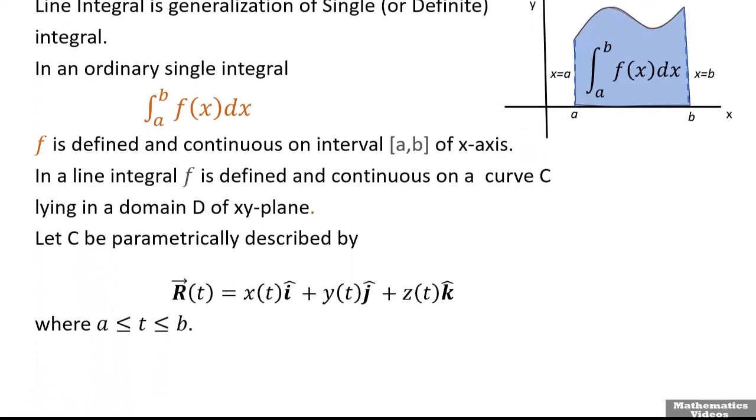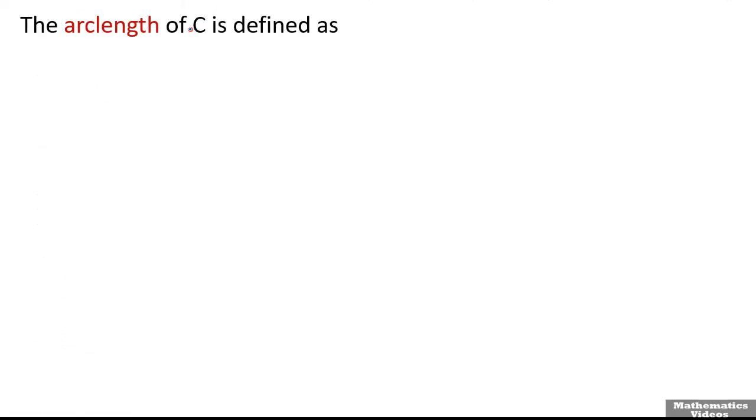Now we will move forward and recall from basic calculus the definition of the arc length of some curve C, which you may have also learned in differential geometry. This definition is s of t, which is called the arc length function, and this is equal to the definite integral from a to t with respect to u of the magnitude of r prime of u, where r prime of u is the derivative of the parametric representation r of the curve C with respect to u.